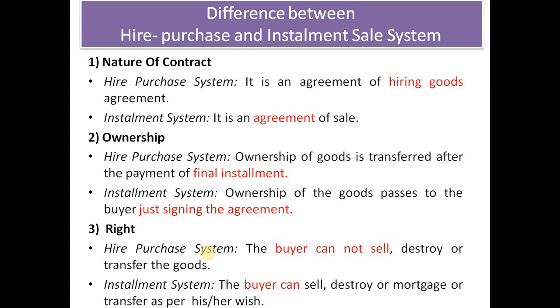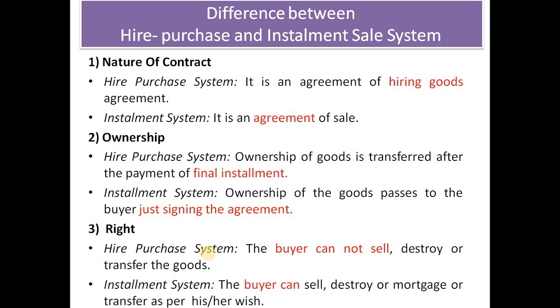Many times an objective type question is also asked on this particular ownership point. So please be careful that there is a big difference between hire purchase and installment sale system. In hire purchase, ownership transfers after the payment of all installments, and in case of installment sale system, after signing the agreement, ownership transfers to the buyer.